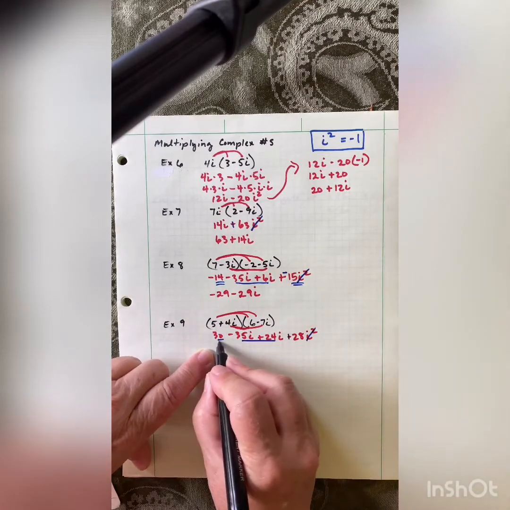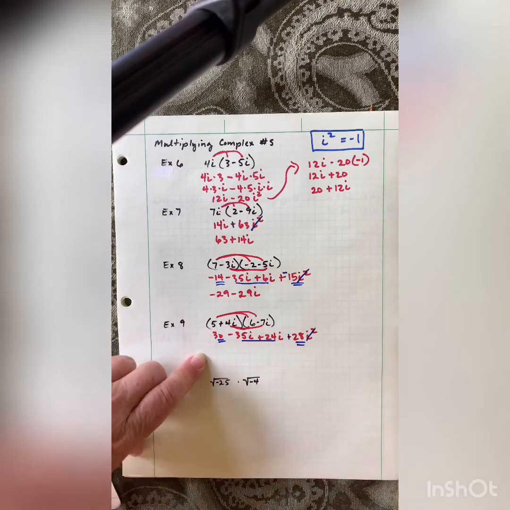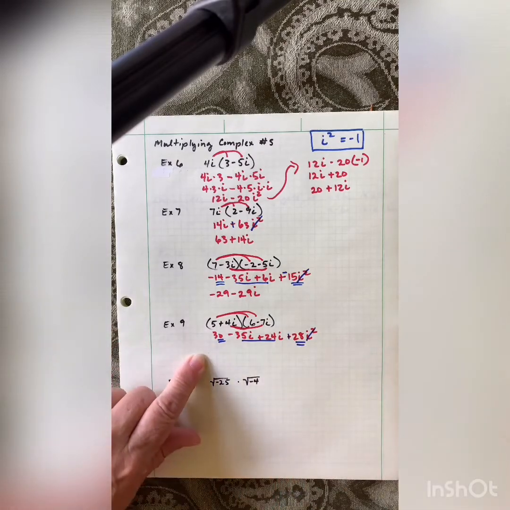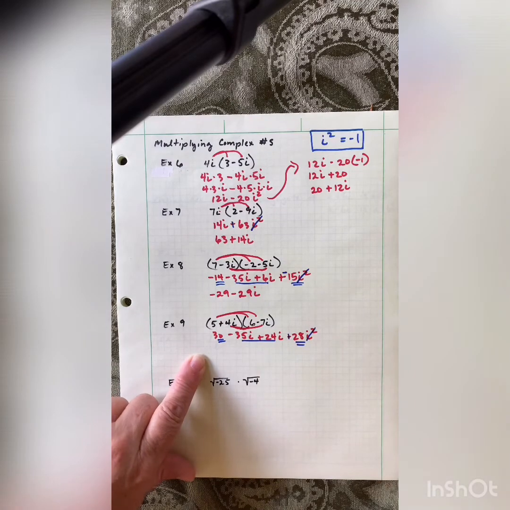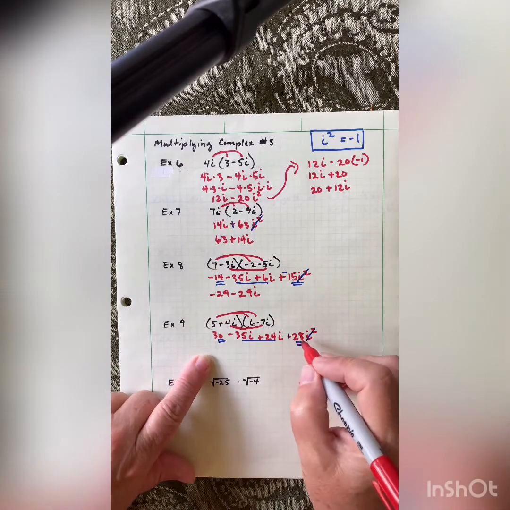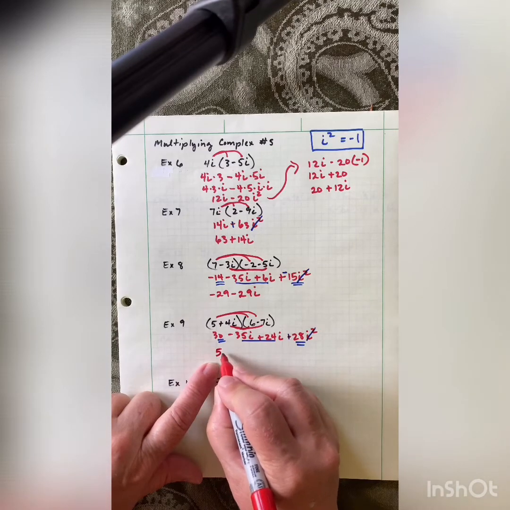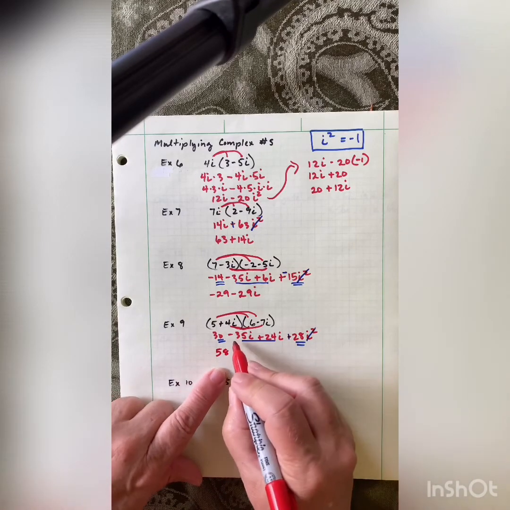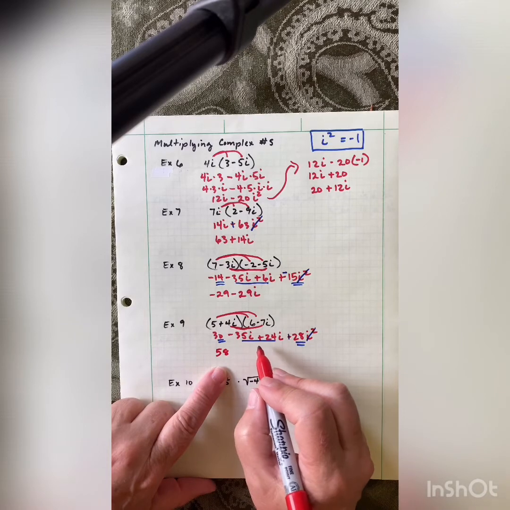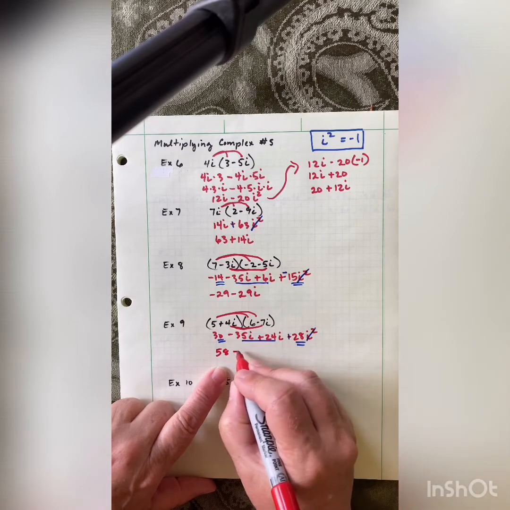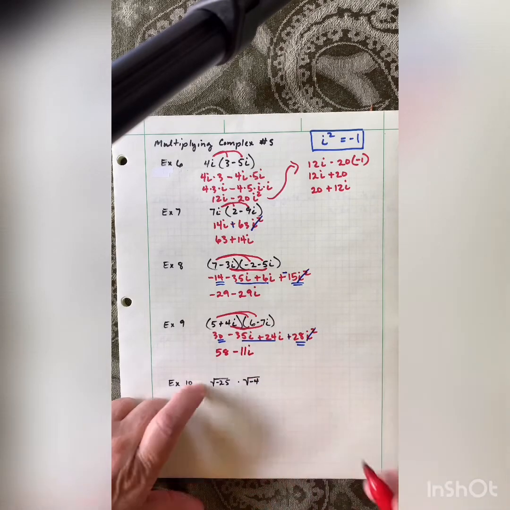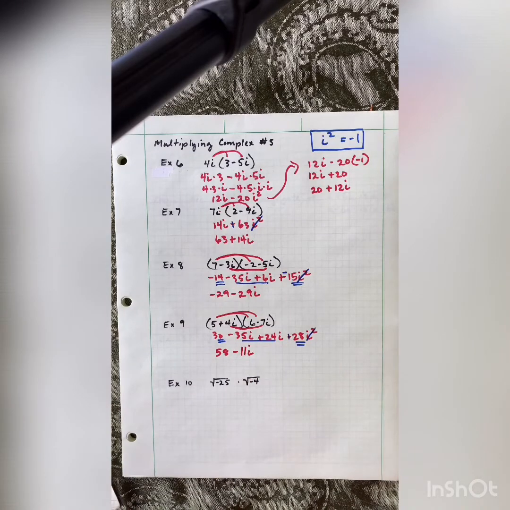Those guys are like terms, and these guys are like terms. So 30 plus 28 back here is going to give me a 58. And then the -35i plus 24i is going to give me a -11i. And that's it.